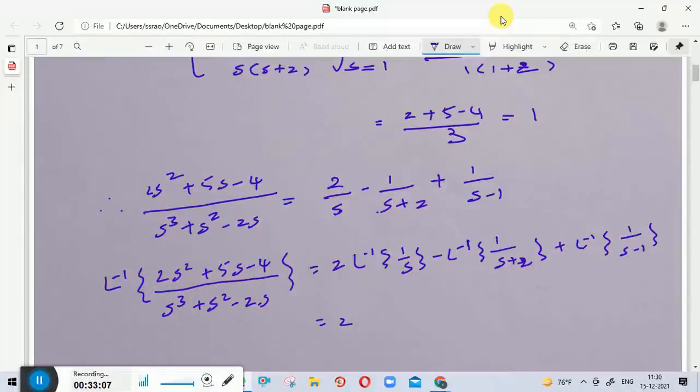That is equal to 2 into L inverse of 1 by s is 1, minus L inverse of 1 by s plus 2, which is e power minus 2t, plus L inverse of 1 by s minus 1. This is in the format L inverse of 1 by s minus a, so it is e power at, that is e power t. So that is equal to 2 minus e power minus 2t plus e power t.